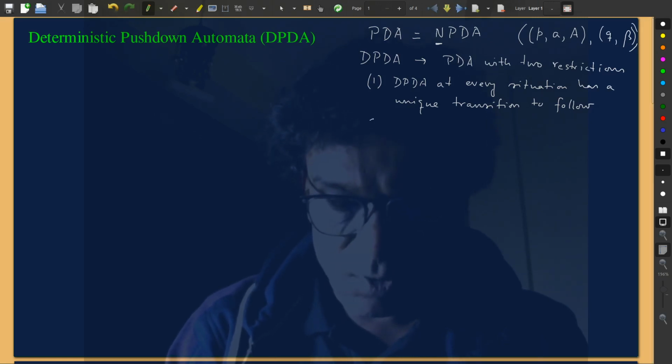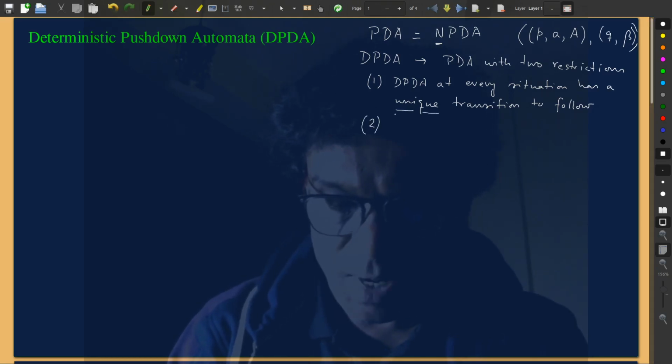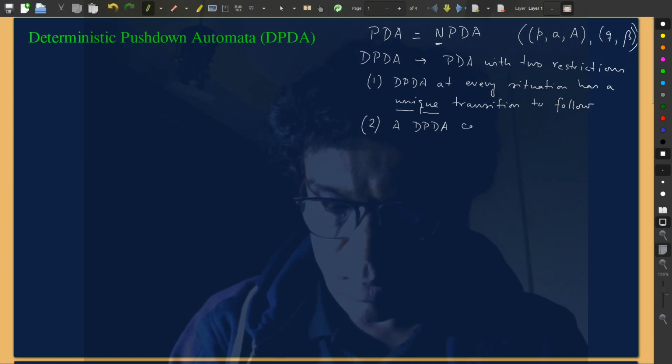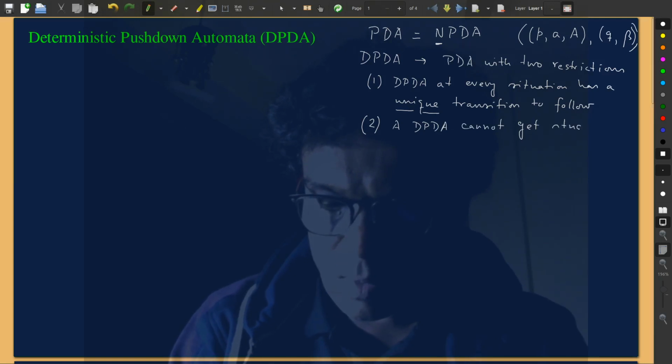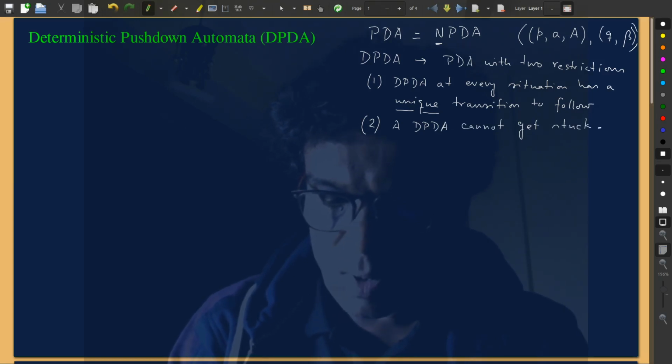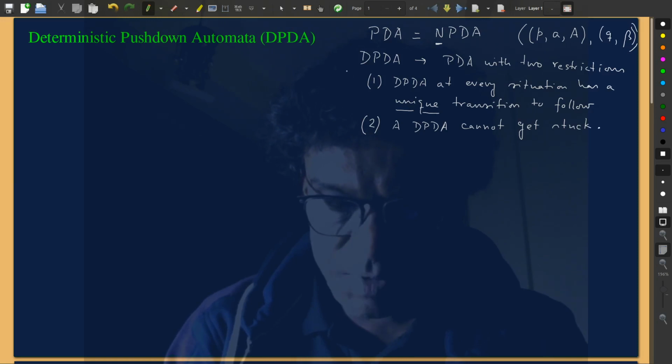Since this is unique, this also implies that a DPDA cannot get stuck. So these two are basic observations.